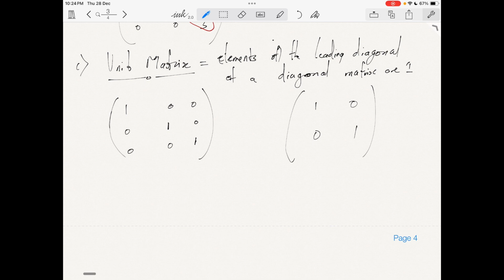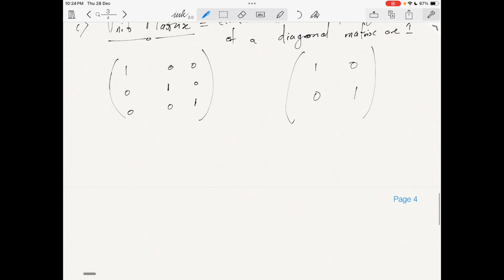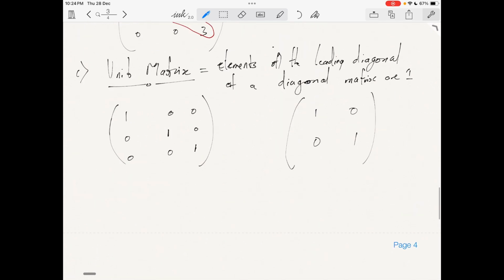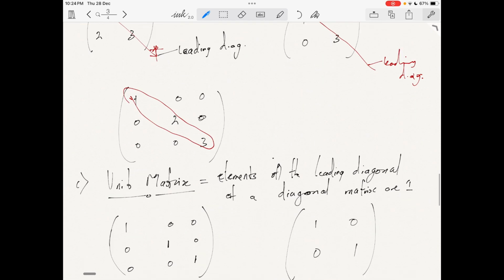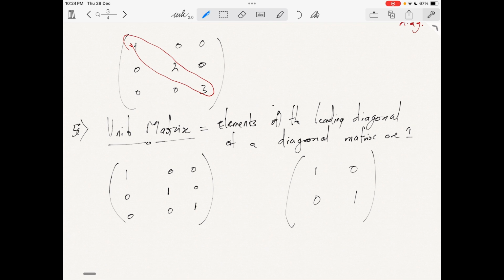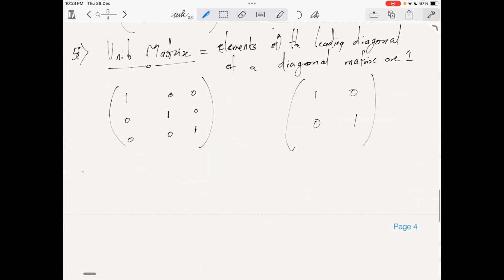And the last type of matrix we will be considering is the null matrix. Now when you say something is null, that means all elements are 0.